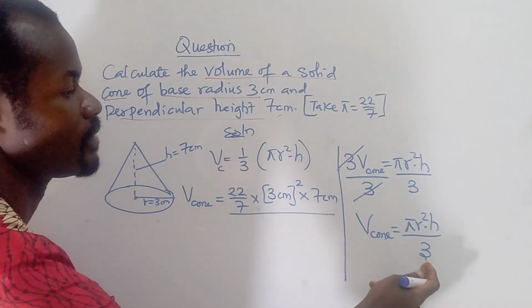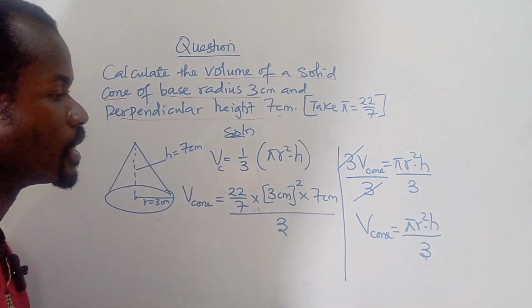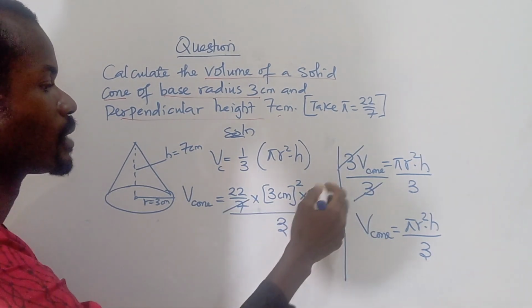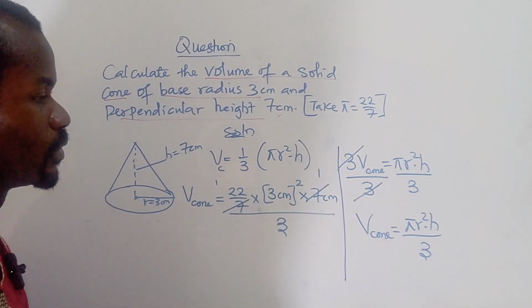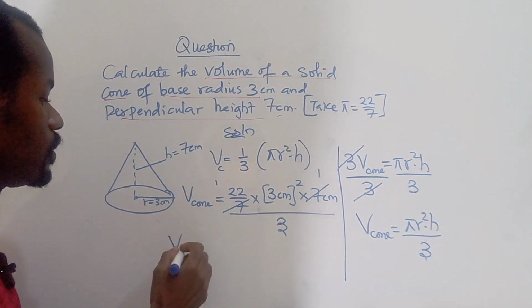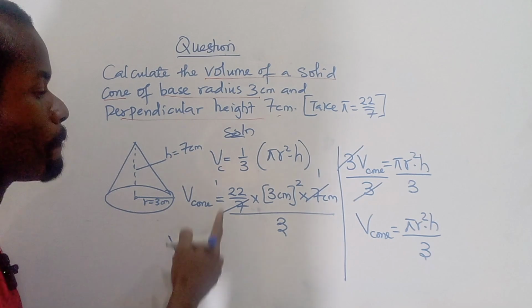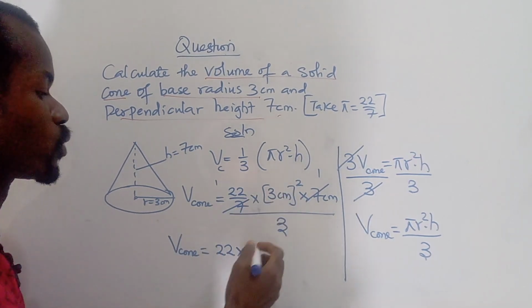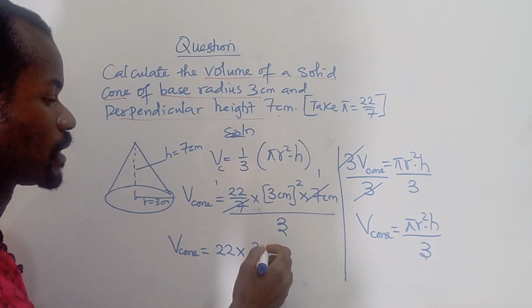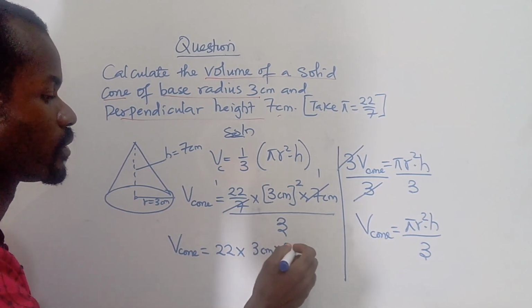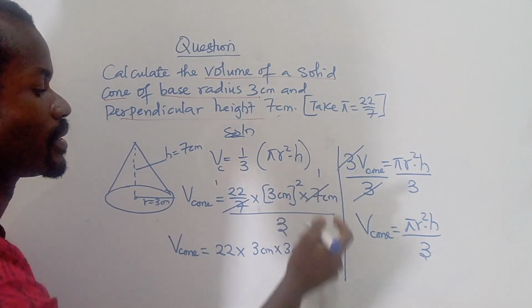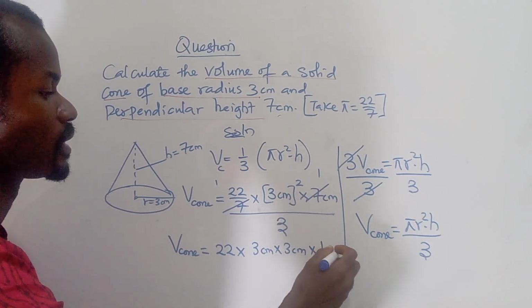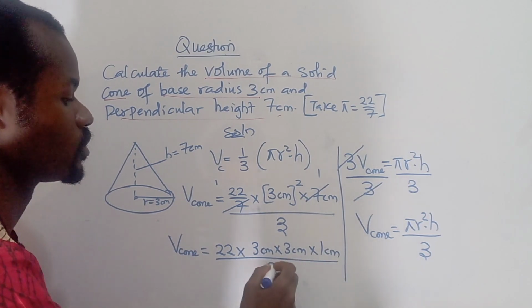So all these divided by 3. Now from this, the 7s can cancel out. This is 1, 1. So we are left with the volume of the cone equals 22 times 3 centimeters squared, which means 3 centimeters times 3 centimeters. So here is left with 1 centimeter. So all this is going to be divided by 3.